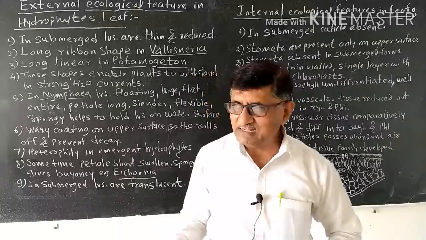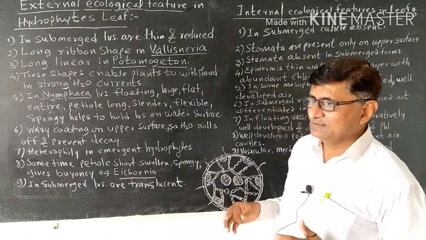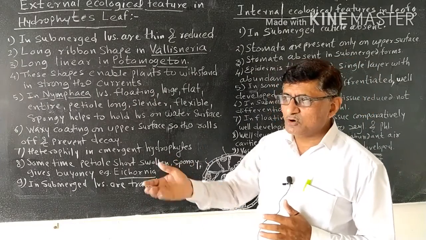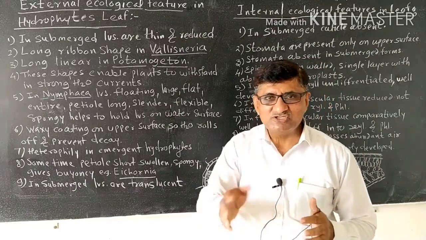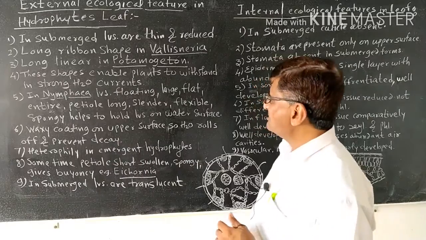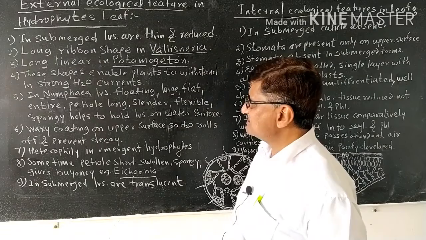For example, in Vallisneria, the leaves are very long, linear, elongated, flexible, like a ribbon. So along with the water current, the leaves can easily fold and bend, and water easily passes over the leaves. For example, in Vallisneria you will see such a condition.